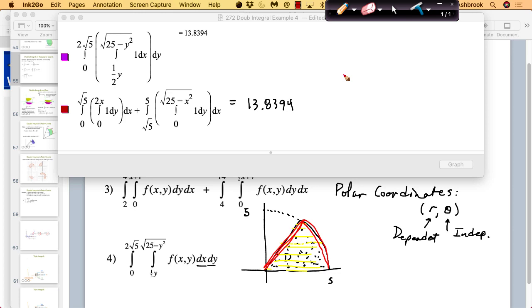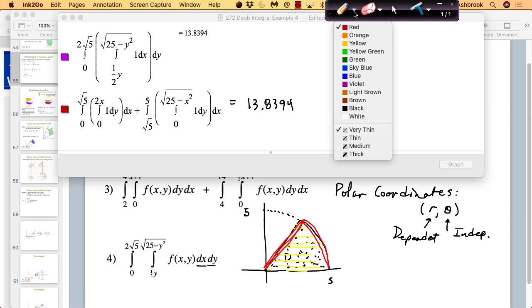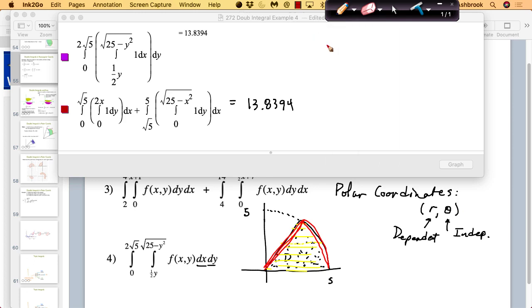Okay, so what would the tier be for polar coordinates, if our coordinates are r and theta? Inside out, he said. So first of all, are you referring to r or theta there? For r, right? For r, we're going to go from the least radius to the greatest radius. So inside out, that's right.